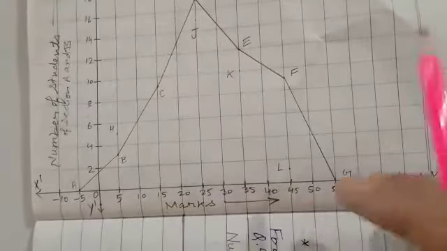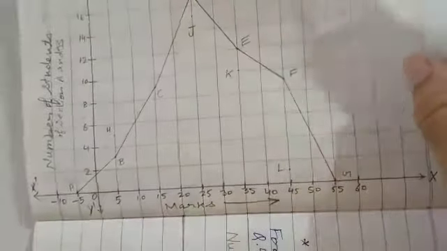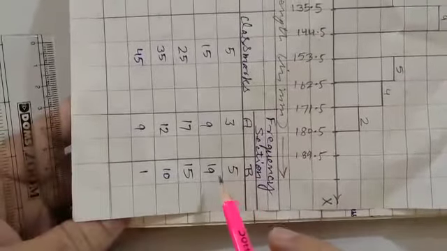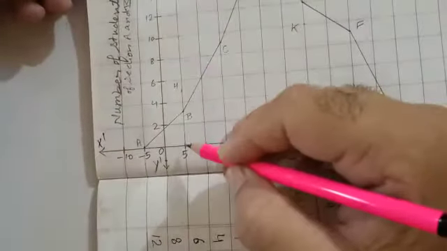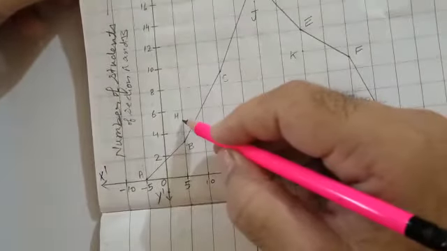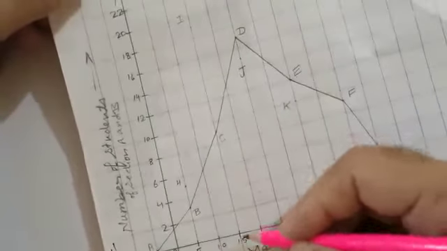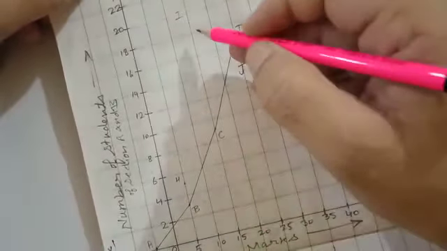Now we draw frequency polygon for section B. Now frequency given 5, 19. So we locate 5. This is your 5, that is H, and second frequency is 19. This is your 19.